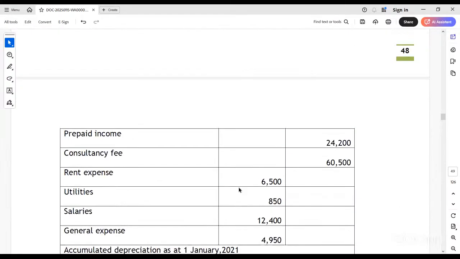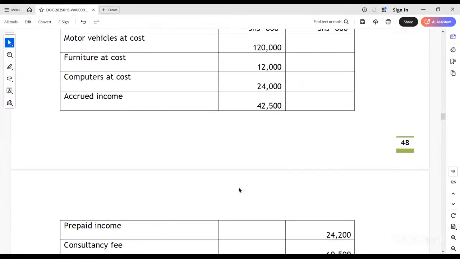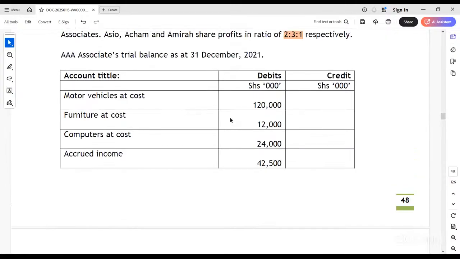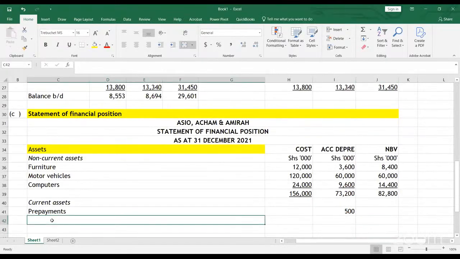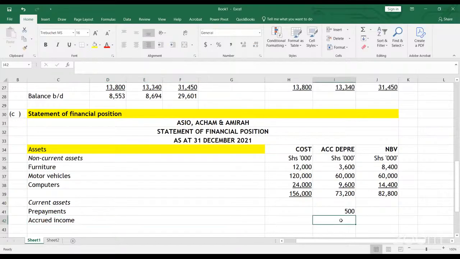That is the 42,500, accrued income from the trial balance. Then we have cash and bank.